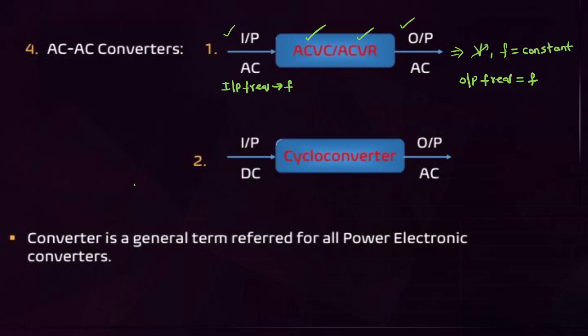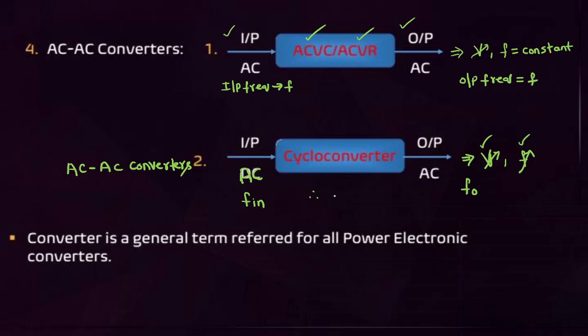One more AC to AC converter. This is also an AC to AC converter. That is, input is AC, output is also AC. But at the output side, voltage is variable. How to vary the voltage? Frequency is also variable. Voltage is controllable, and frequency is also controllable. Frequency controllable in the sense, for example, let the input frequency be F in and the output frequency be F naught.